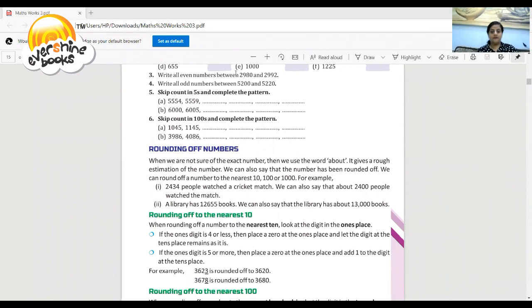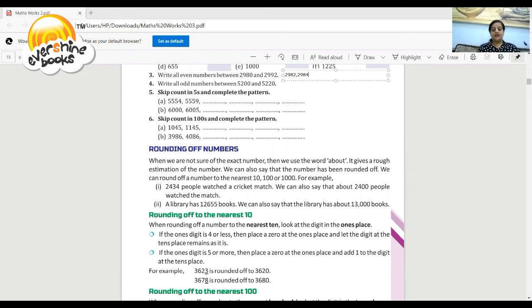Here we have to write even numbers. So it is going to start like this: 2982, comma, 2984. Just leave one digit in between, that is 2983, which is going to be skipped.